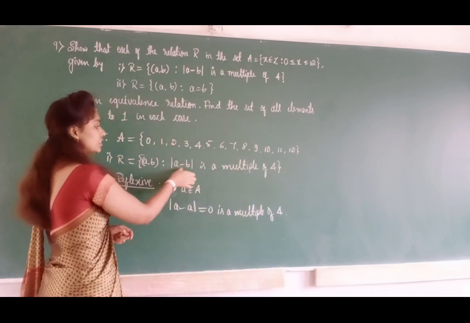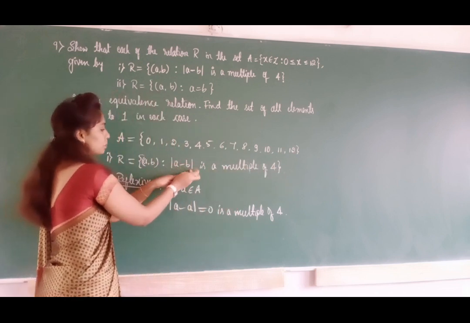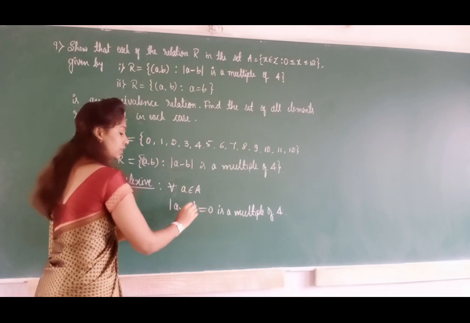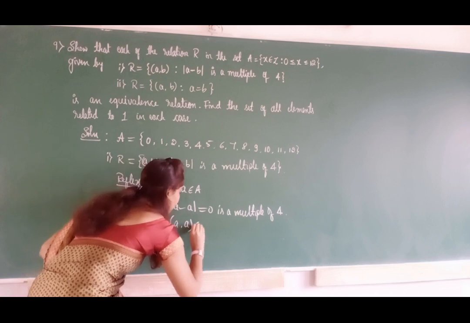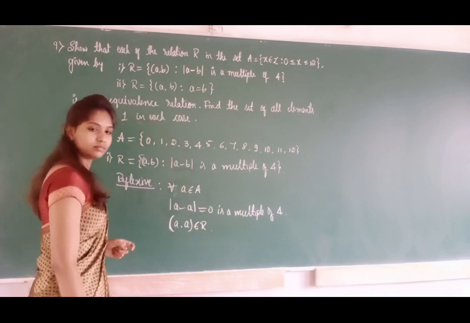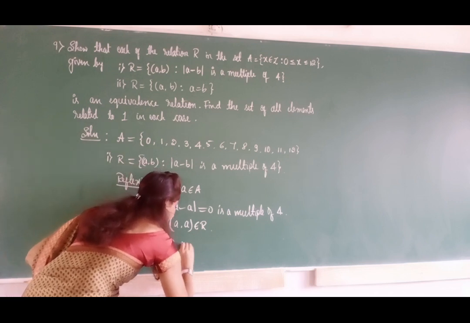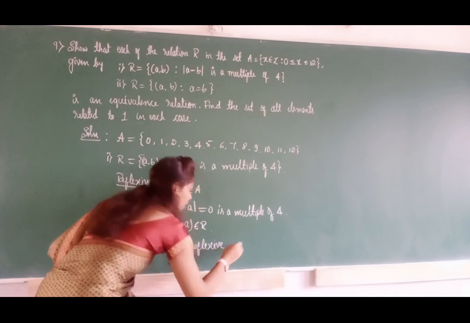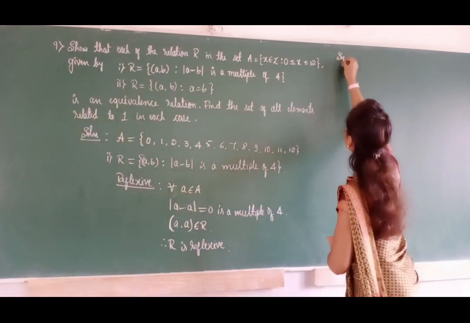Given relation: A minus A is a multiple of 4 means, observe here, the modulus of A minus A gives ordered pair A, A belongs to R. Ordered pair A, A belongs to R means the given relation R is reflexive. Understand? Okay. Now go on to the symmetric condition.